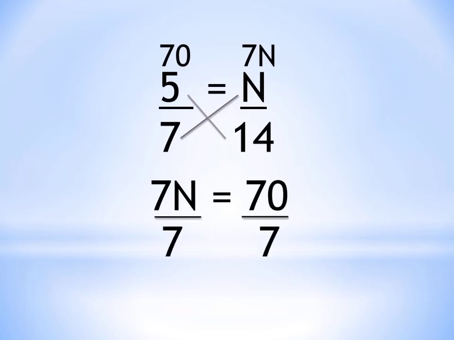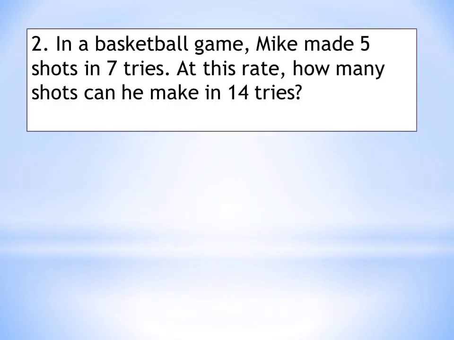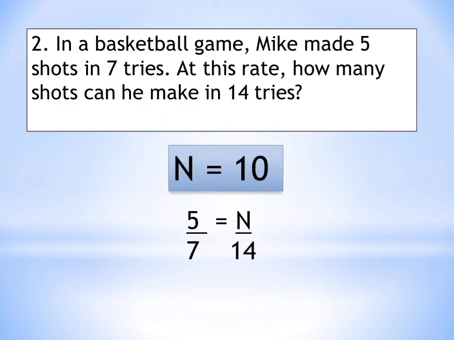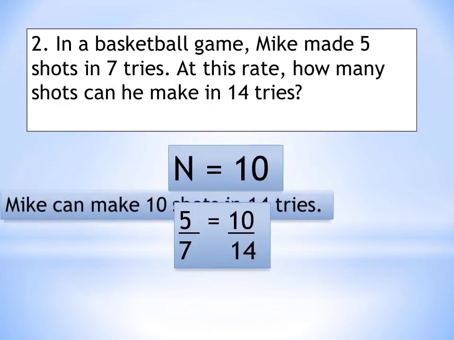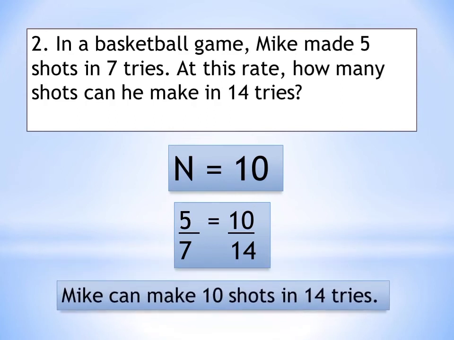Divide both terms by 7. We have n equals 10. Since n equals 10, based from our number sentence, our direct proportion is 5 over 7 equals 10 over 14. And the complete answer is, Mike can make 10 shots in 14 tries.